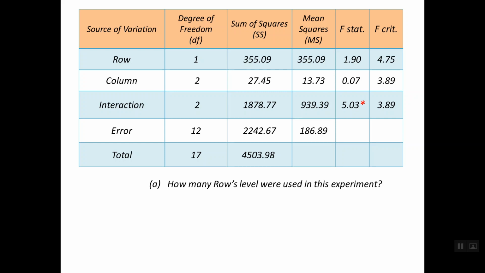You know how to calculate the degree of freedom for any factor. You simply use this formula. The degree of freedom for the first factor is simply the number of first factor levels minus 1.